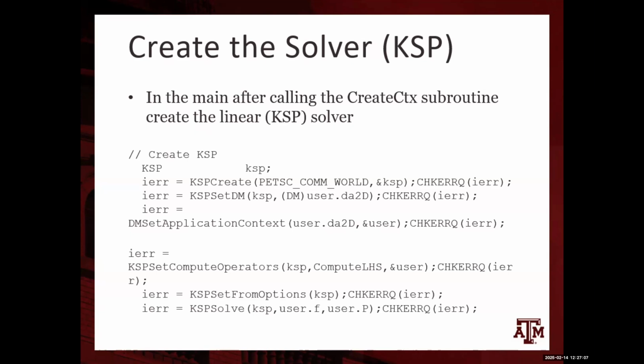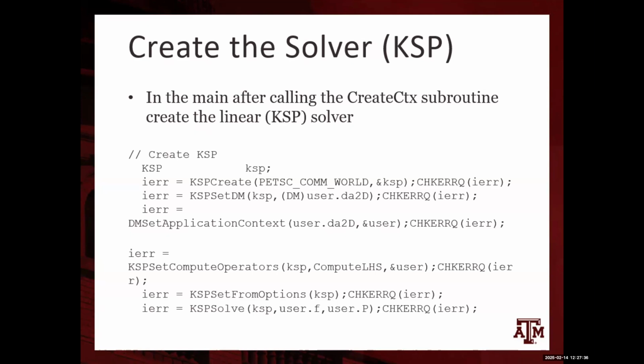So it sets the data structure. We created the vectors and everything based on the DA, so they are all compatible. You cannot create, for example, your KSP with a DA and then have the vectors created with a different DA. We want the data structure underneath all of these to be consistent.